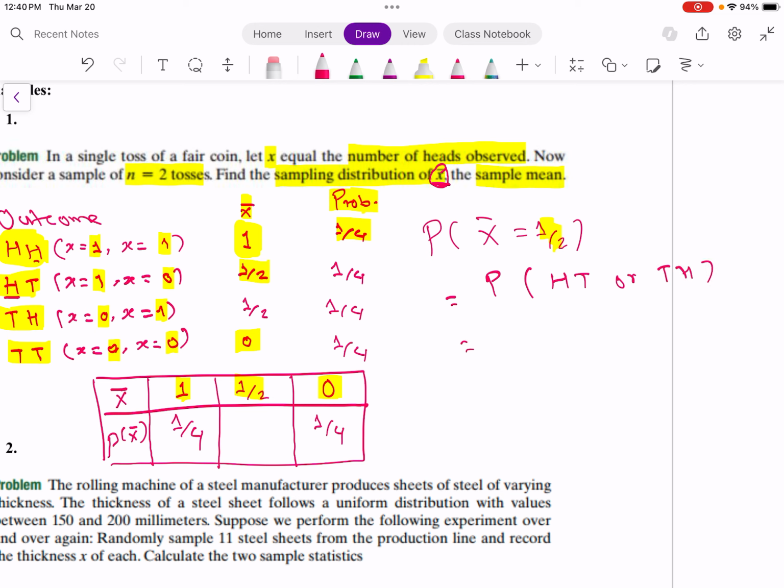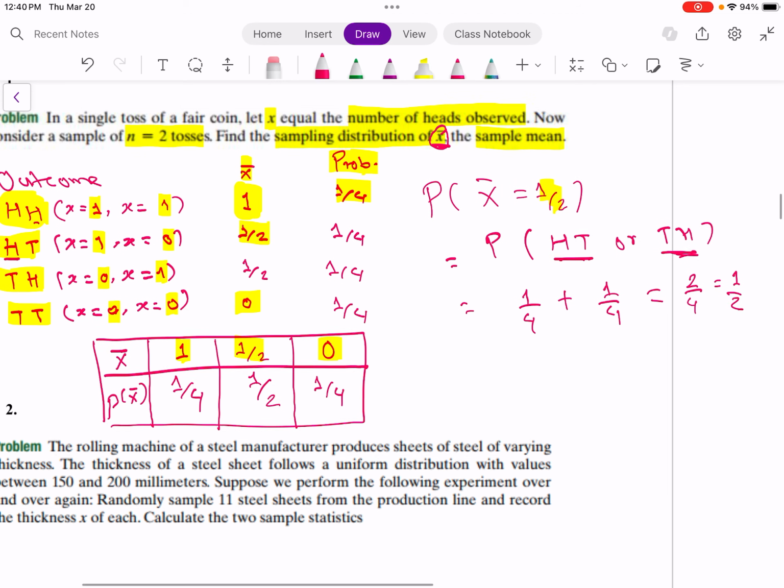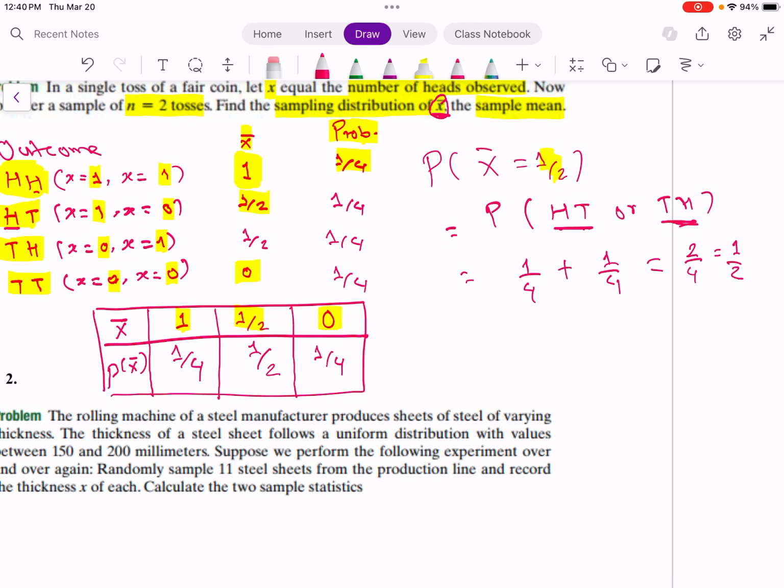So this is OR, union, and we add the probability of head, tail and the probability of tail, head. The probability of getting head, tail is 1/4 plus the probability of getting tail, head is 1/4. This is 2/4, which is 1/2. So now our table is complete.